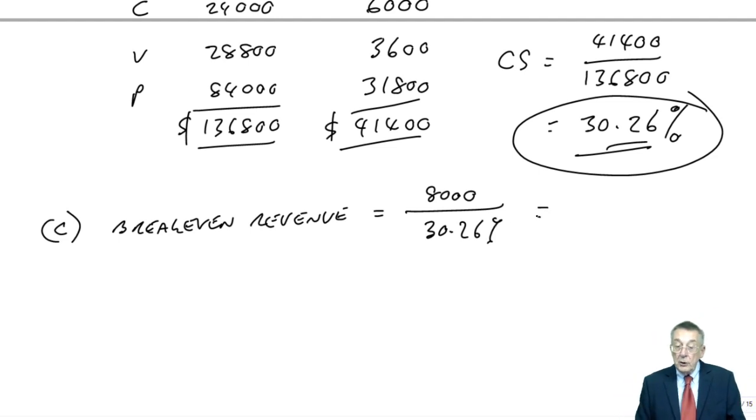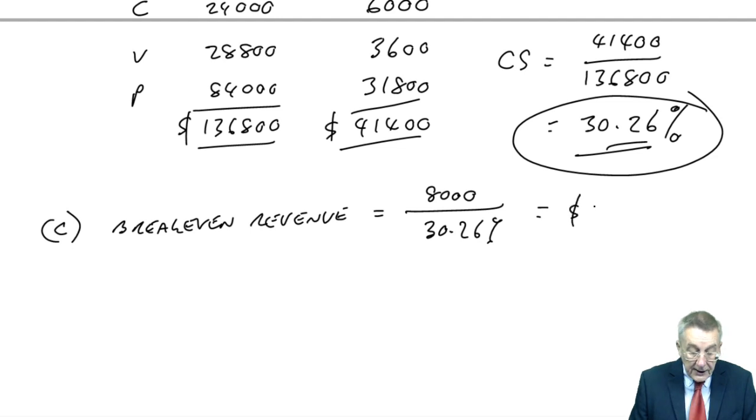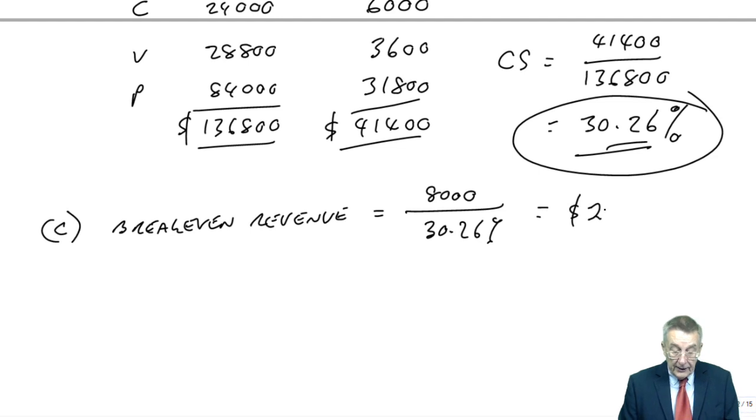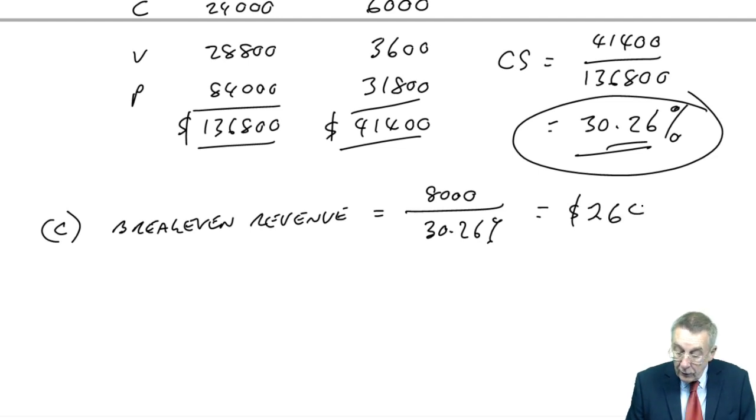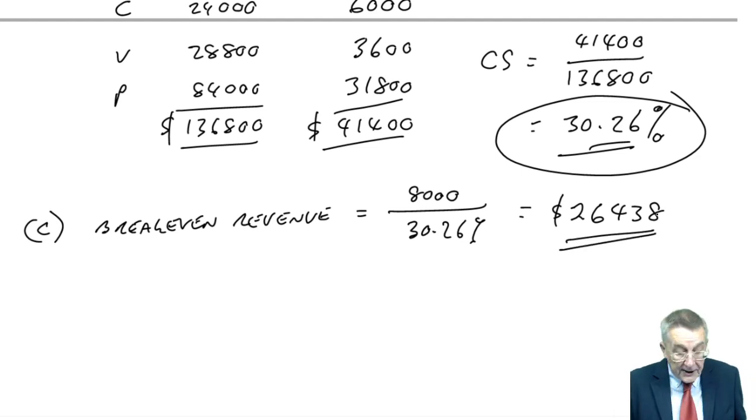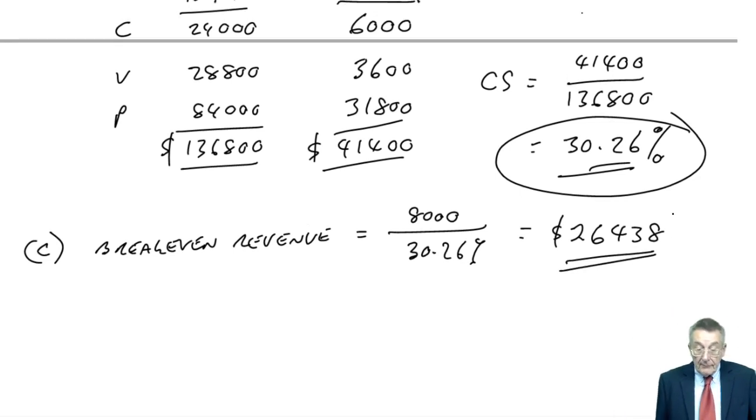the total revenue we need to achieve to break even is not the nicest figure in the world, but 8,000 divided by 30.26%, yeah, 26,438. Okay, so there's our break-even revenue.